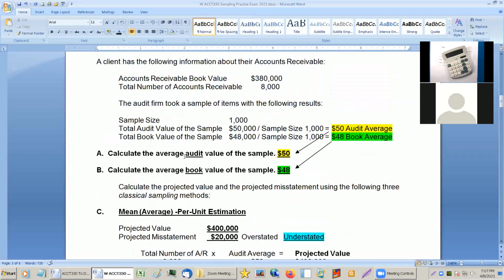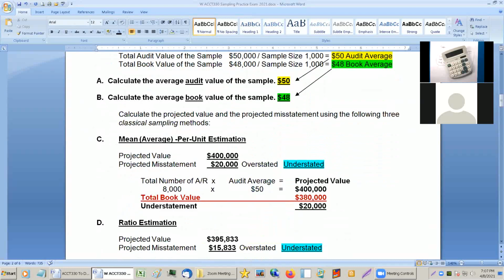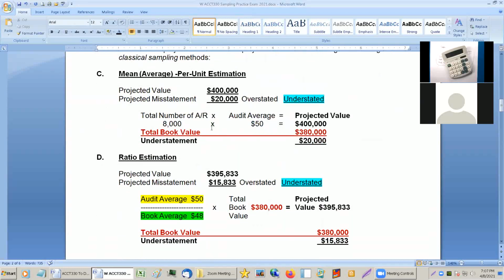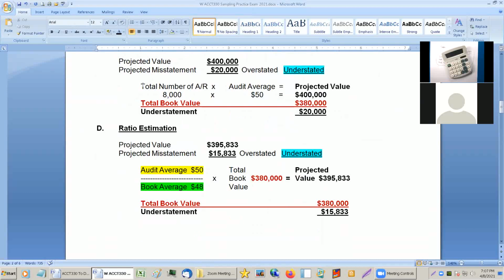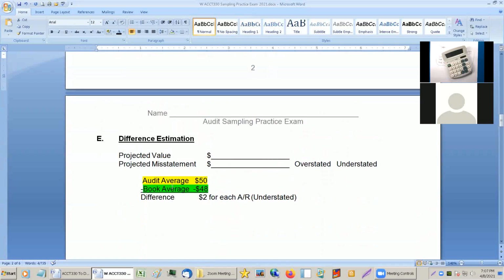So we're going to take our number of accounts receivable, which is 8,000. It doesn't look terrible.